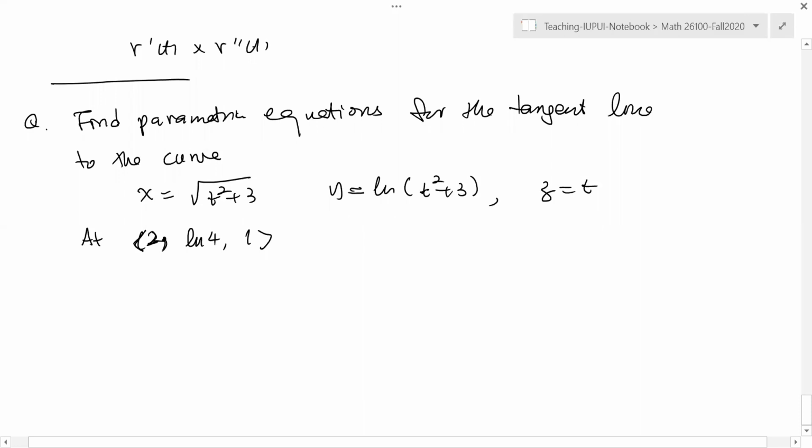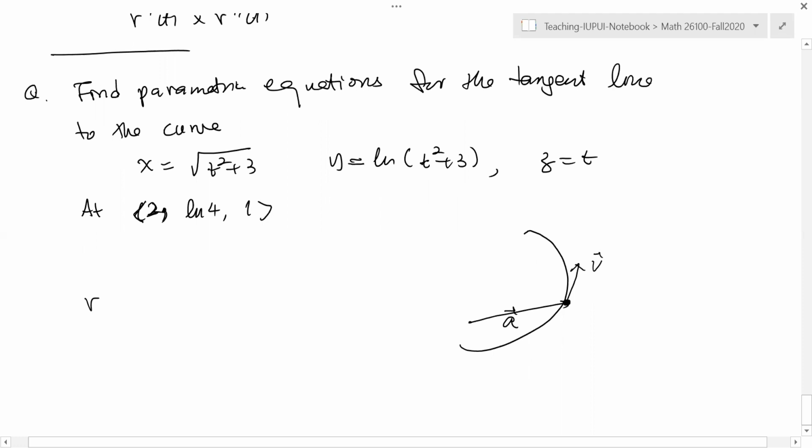And here we're going to find parametric equations for the tangent line at that particular point. Now, how do you get the general formula first? You have to have some good ideas first, right? This particular point is called A. If we can figure out a tangent vector, then for the parametric equations we have to use a different notation, since we already use r of t for the vector.